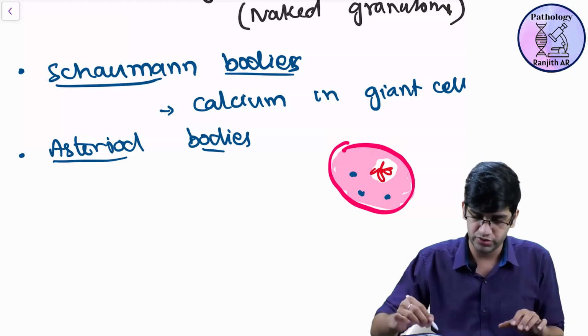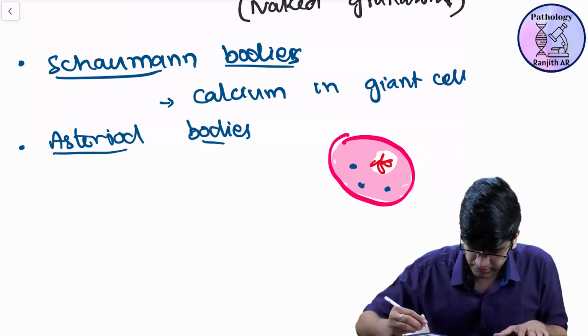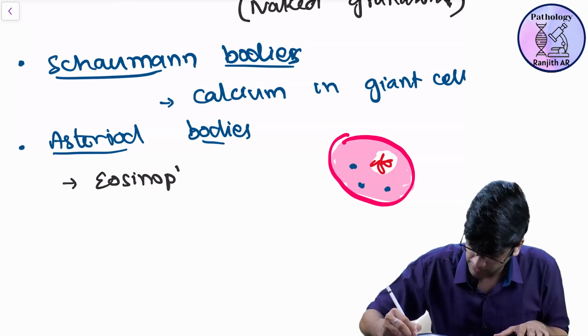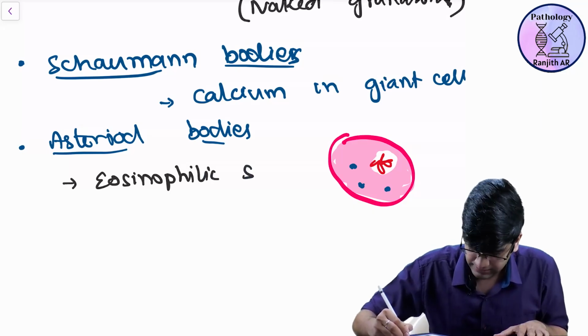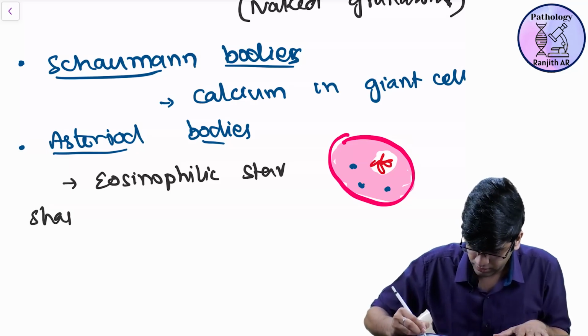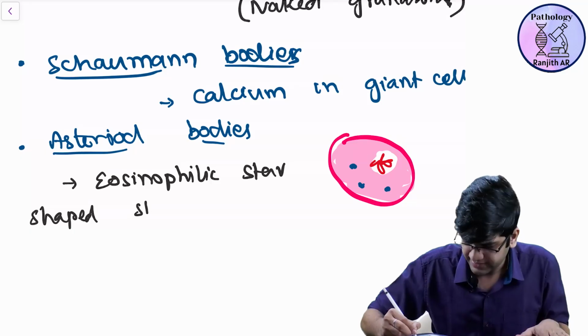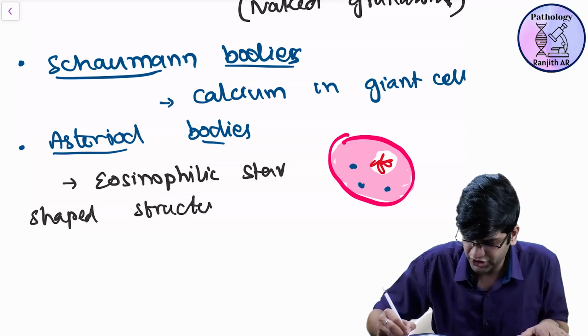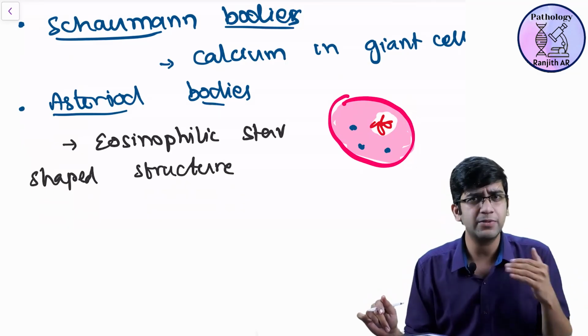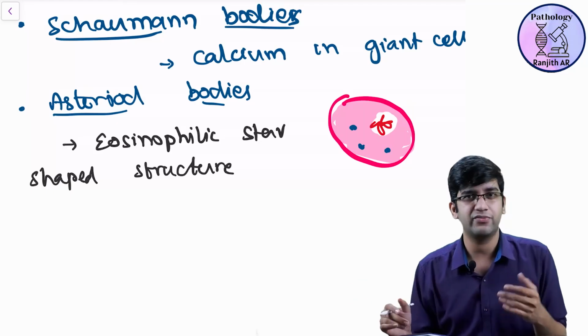They are star-shaped inclusions, eosinophilic, pink in color. They are also protein, just the shape is different. Again, this is not specific for sarcoidosis. I can see them in quite a few conditions.